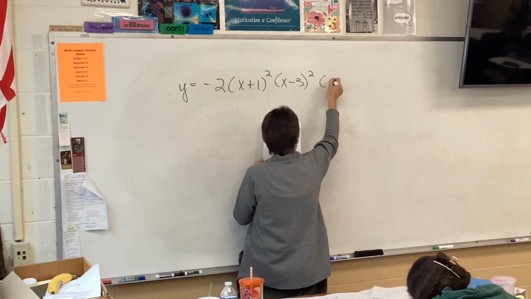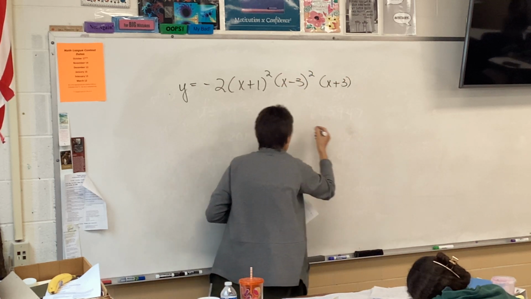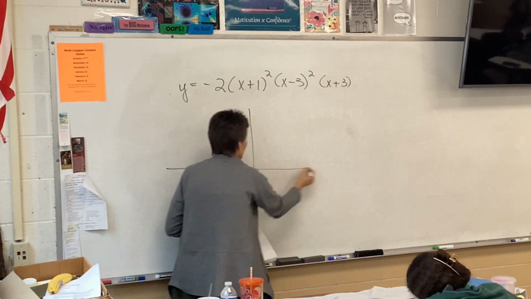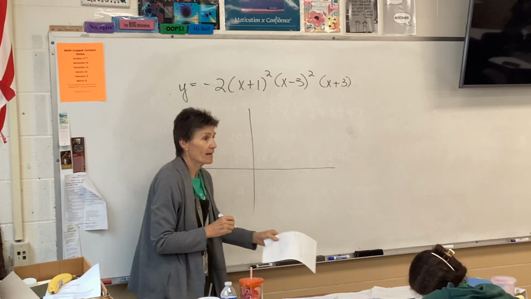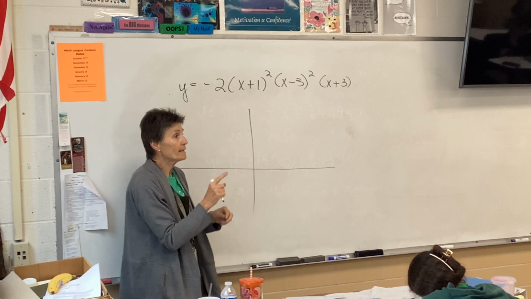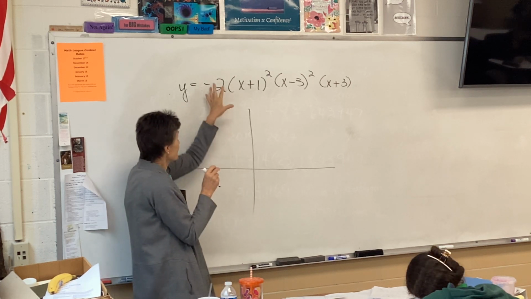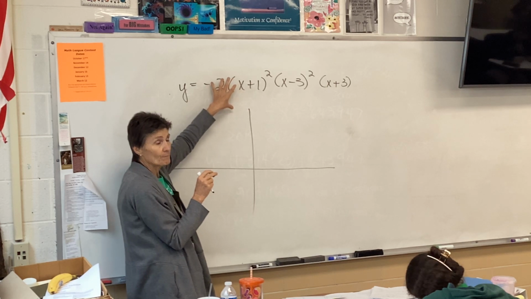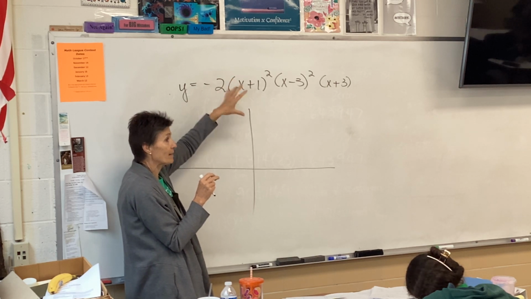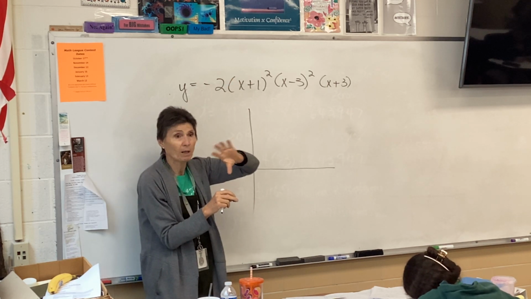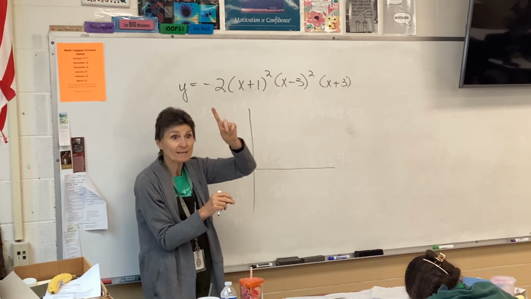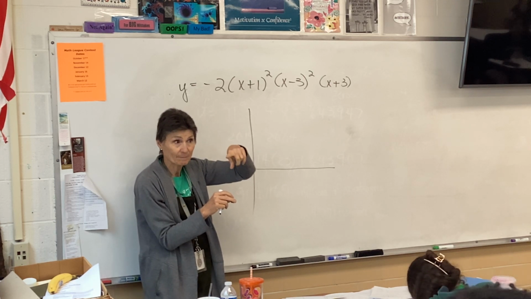Plot the points on the x-axis. So here's your grid. We're going to plot the points on the x-axis. Only the x's get plotted. So I see this number out here in front, and I will pay attention to that, but not in terms of plotting the points. Only the x's get plotted.